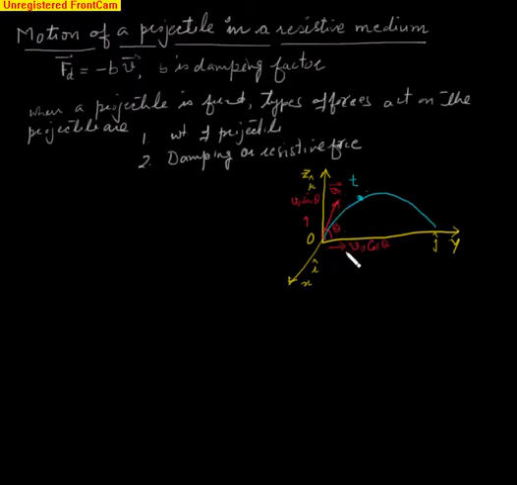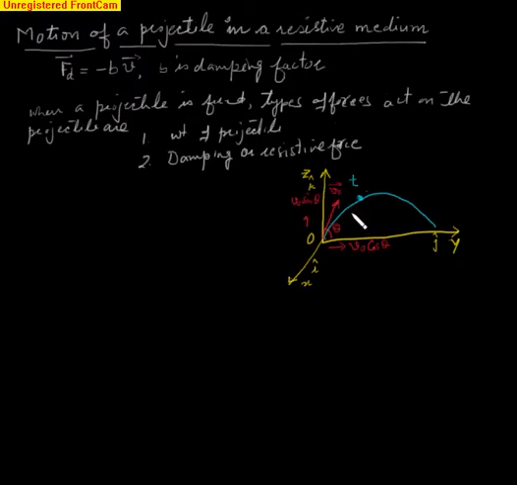One is v cos theta, which is along the y-axis, and v sin theta, which is along the z-axis. And at time t, we have to find the displacement or the position of this projectile. That is our objective in the motion of a projectile in a resistive medium.